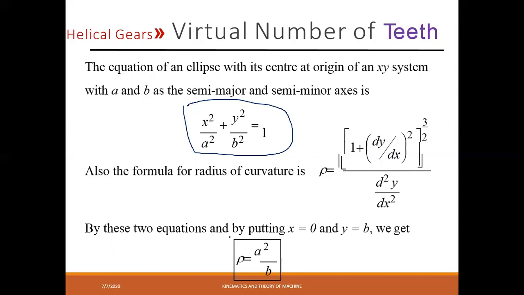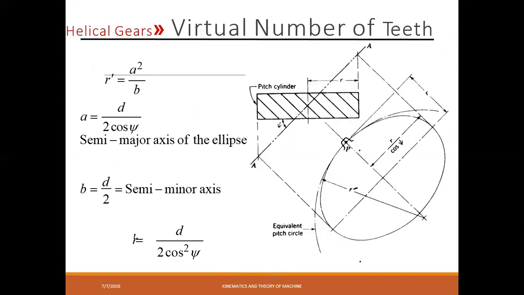By those two equations, and by putting x equal to 0 and y equal to b, we get ρ = a square upon b, which is the generalized equation for the curvature radius of the ellipse. We have already taken r' equal to a square upon b.